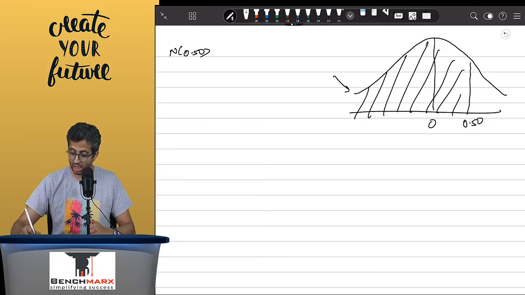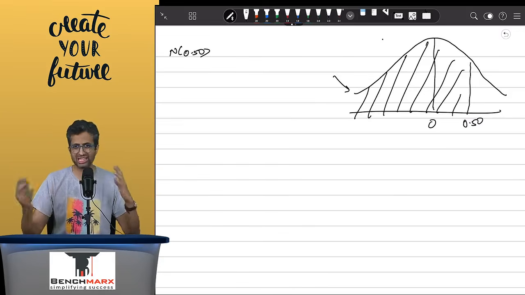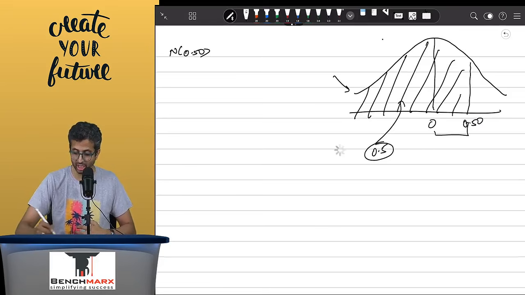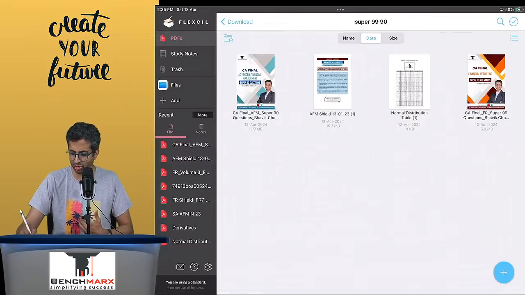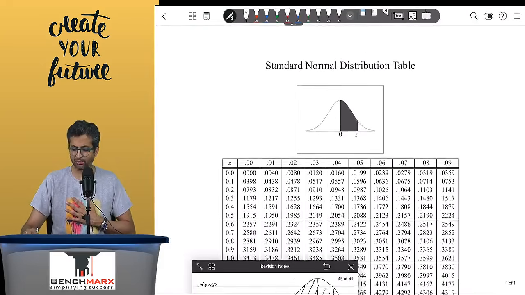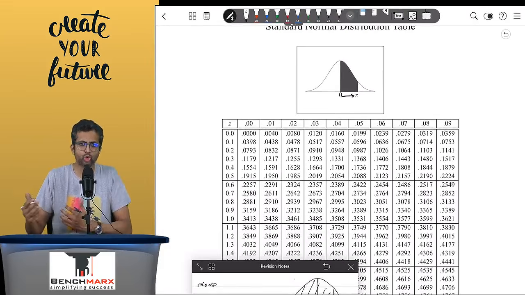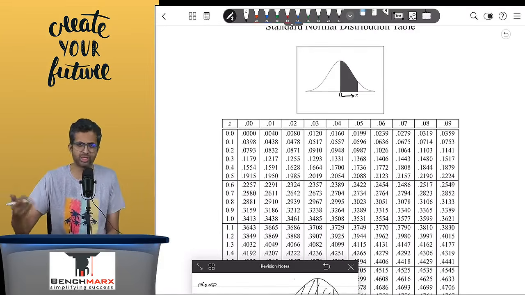So 0 is at the center of this distribution, and hence your desired area is this entire shaded area. Out of this shaded area, we know that the normal distribution is evenly distributed, and hence half of it is 0.5. But what is the remaining value of this shaded area? Well, it depends on the type of normal distribution table given. Let us say this table gives the area from 0 to the point Z, which is D1 in this case.